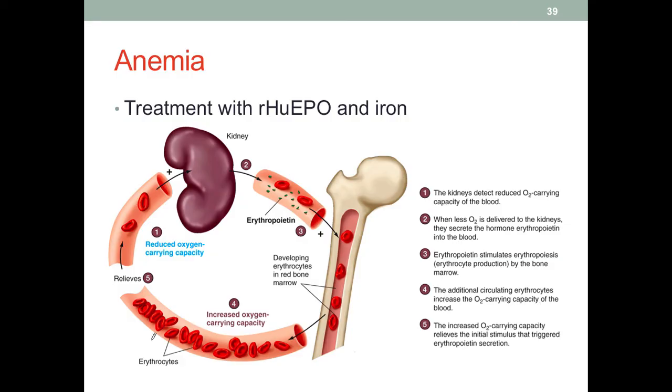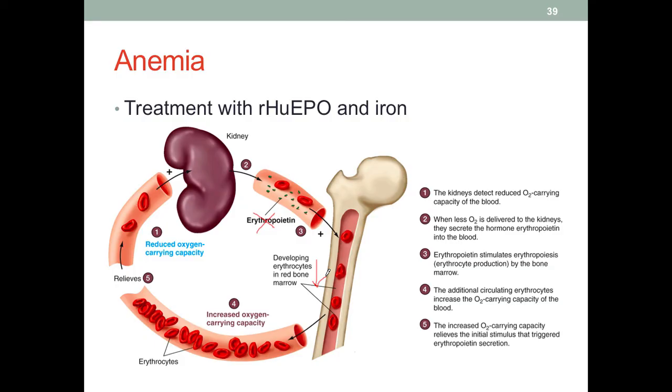But in CKD, the secretion of erythropoietin is compromised or just completely taken out. Therefore, the red bone marrow will not be able to be stimulated to adequately generate enough red blood cells.